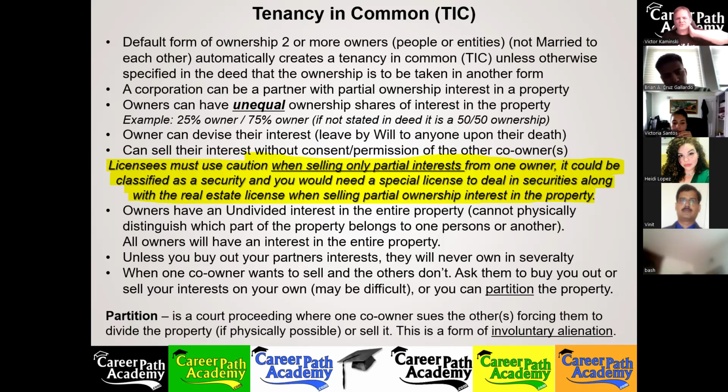And there's a lot of different kinds of securities, whether it's dealing in stocks or bonds or in this instance, a security would be an investment that is secured by some sort of project.